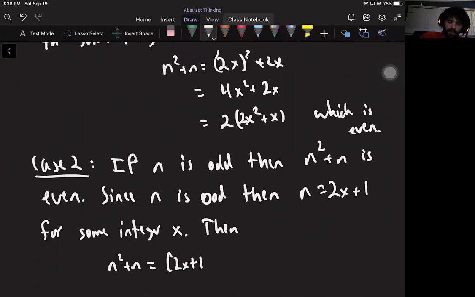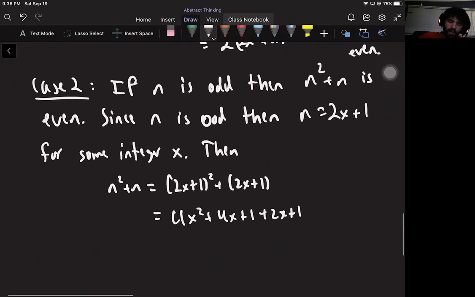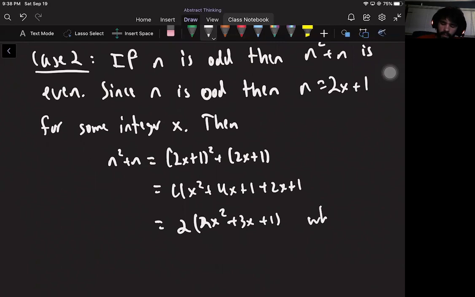It's going to turn out to be some nice algebra to make this an even number. Let's see, 4x squared plus 4x plus 1 plus 2x plus 1. Yep, that's 2 factors out of everything, as long as you are careful. Then it'll work out, which is even.